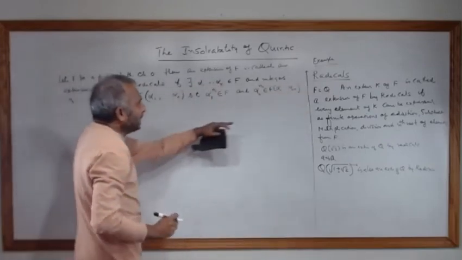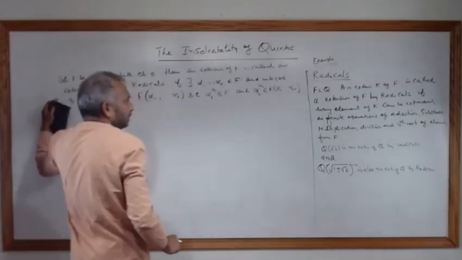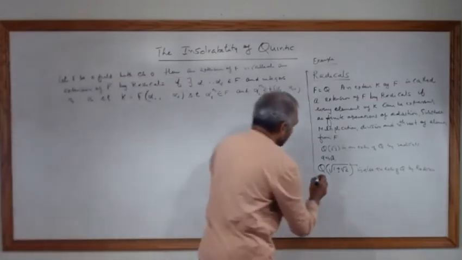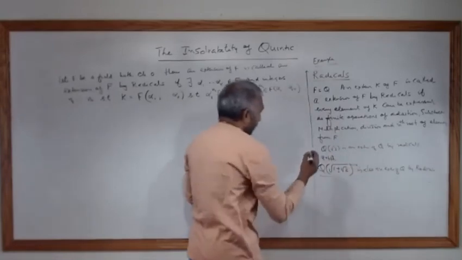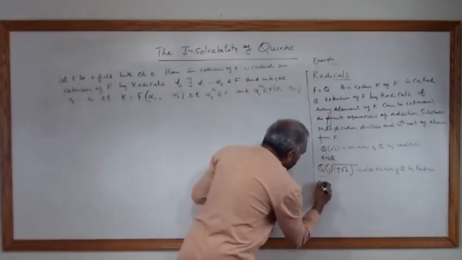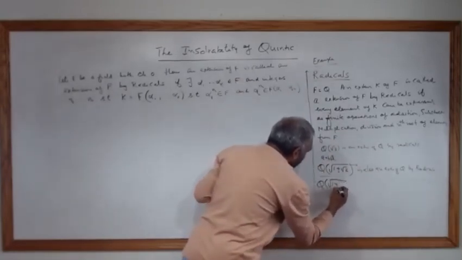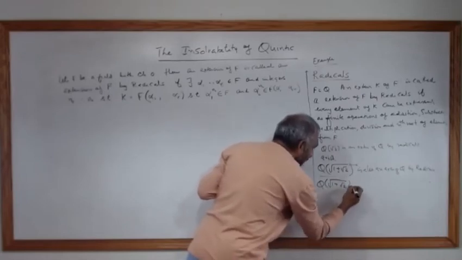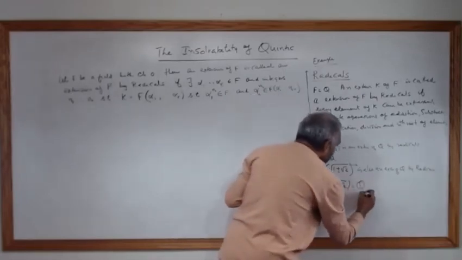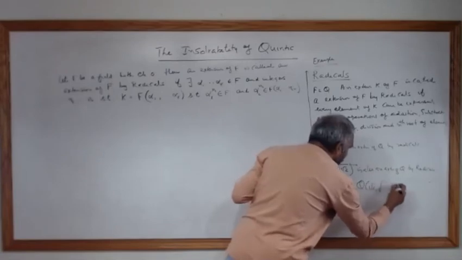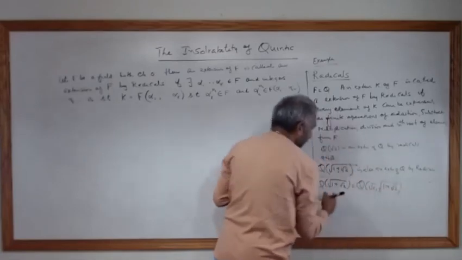This and this are equivalent. What I'm trying to say is, for example, here Q(root of (1 plus root 2)) is actually equal to Q(root 2, root of (1 plus root 2)). These are the same.